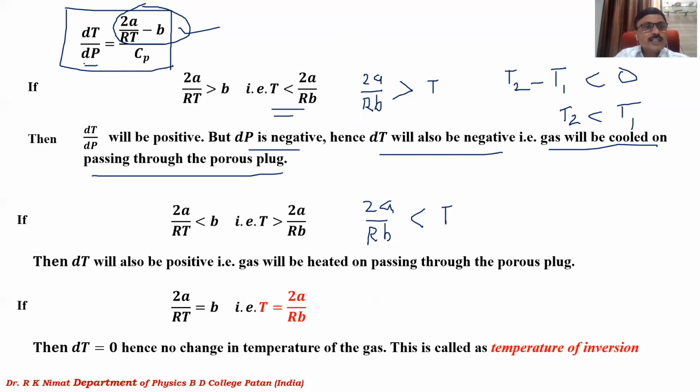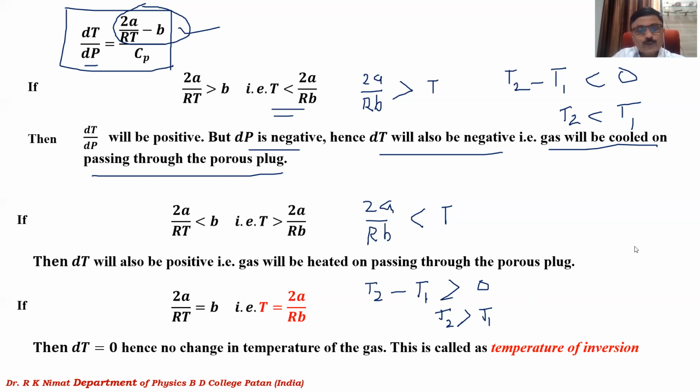So these two terms are negative. That means dT will be positive. And dT will be positive means final temperature minus initial temperature will be positive. That means T2 will be greater than T1. That means temperature of the gas will be increased. Heating effect will be observed after passing the gas through the porous plug.